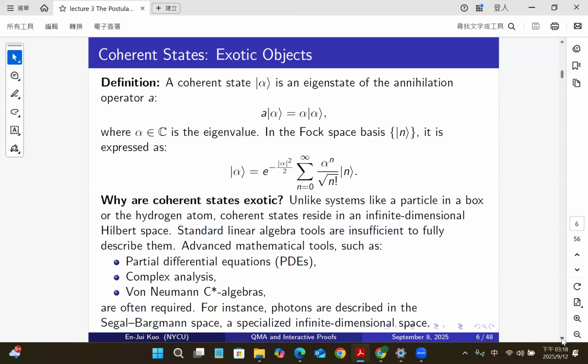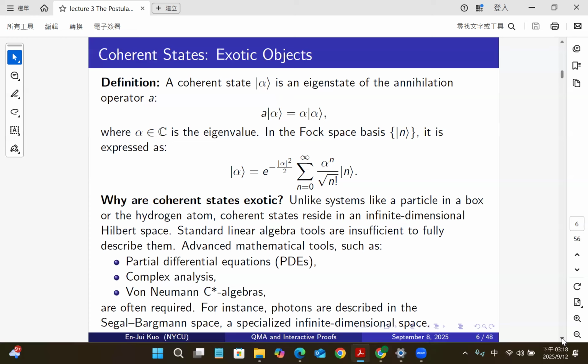Next, if I sum over n from 0 to infinity, alpha to the n over n factorial, then notice that this is the exponential of absolute alpha squared. So you can check that this is indeed the correct normalization.